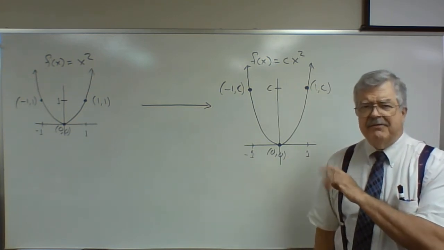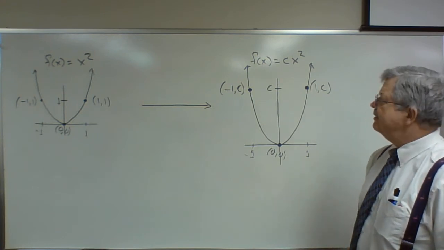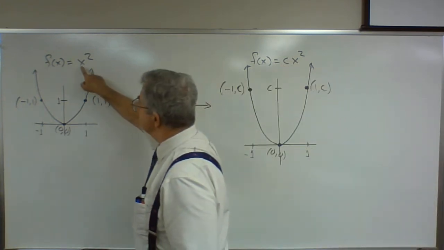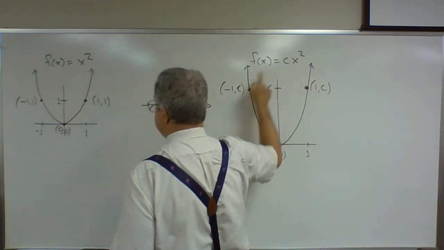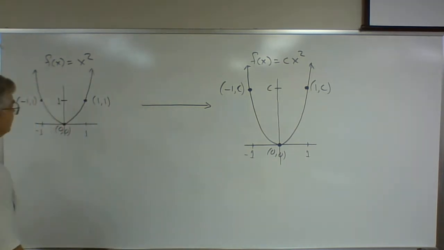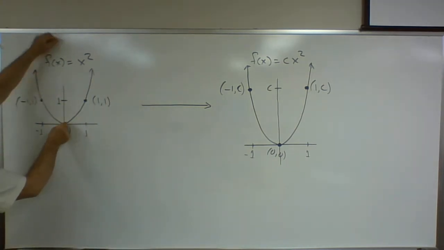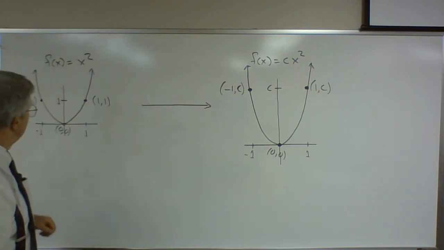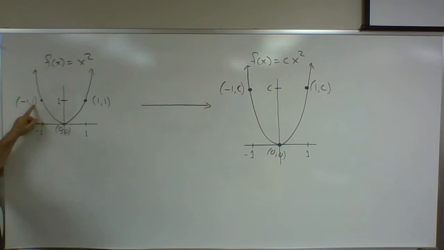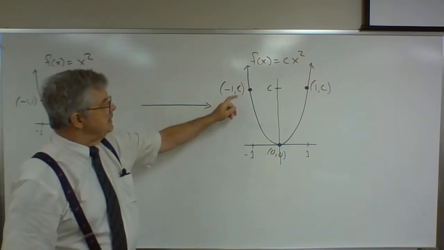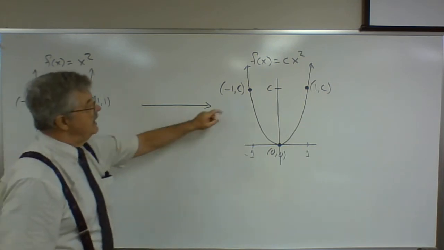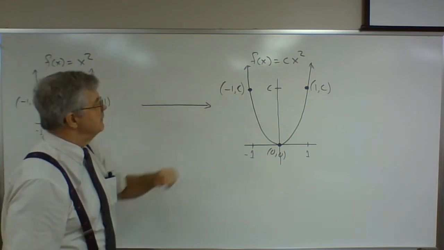Now, we didn't have to do it this way. We could have said, you know what? Multiplying x squared by c just takes this graph and stretches it vertically by a factor of c. So if y is 1 here, then y is going to be c times 1 here.